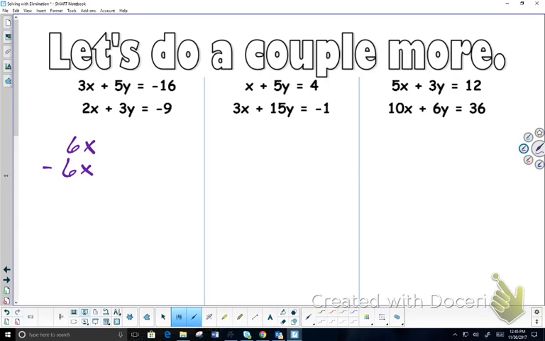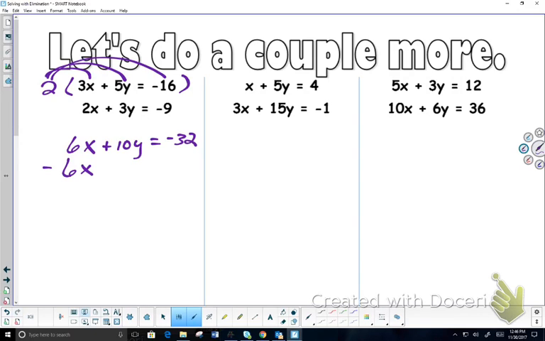So we're going to take this first equation and I have to take that 3x and turn it into 6x. How am I going to do that? Multiply by 2. So I got 2 times 3x, which is 6x. I already wrote that. 2 times 5y. 2 times -16.